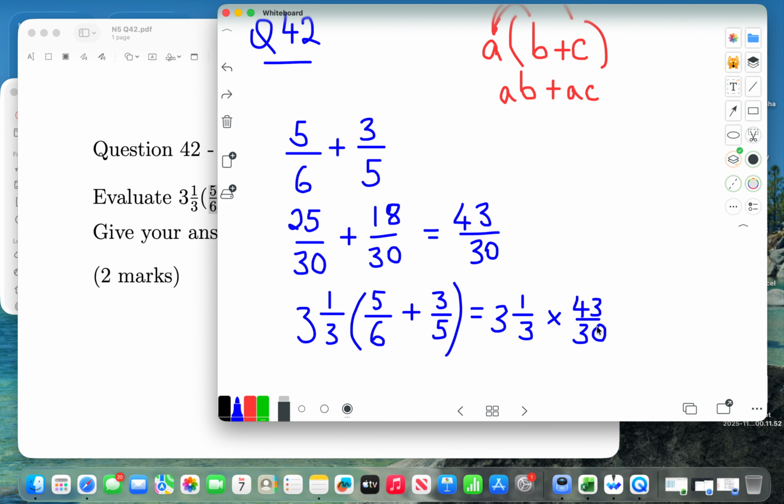Now we want to write 3 and 1/3 as a top heavy fraction. So 3 and 1/3 is 3 plus 1/3. And 3 is essentially 9 over 3, plus 1 over 3 is 10 over 3.